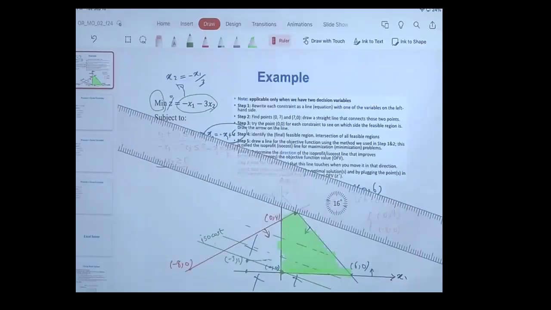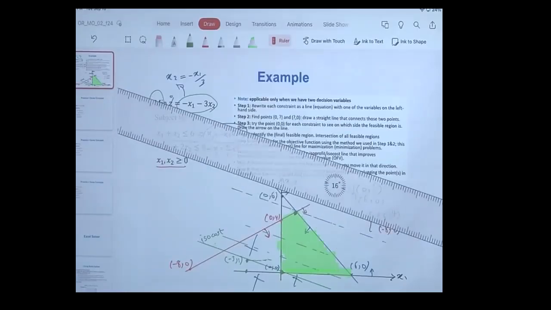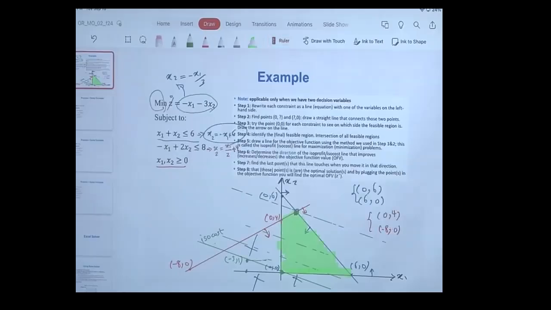And the last point it touches before leaving the feasible region is that. So that point is called the optimal solution. What are the x1 and x2 of that point?